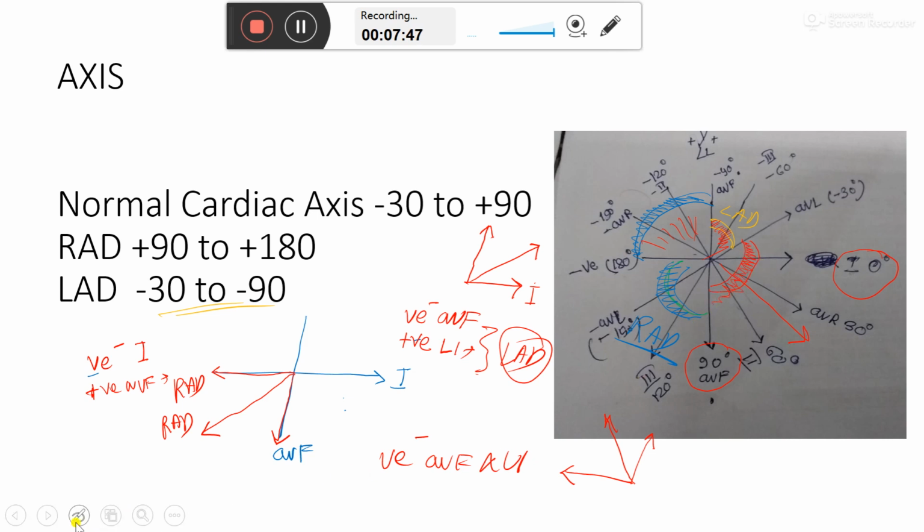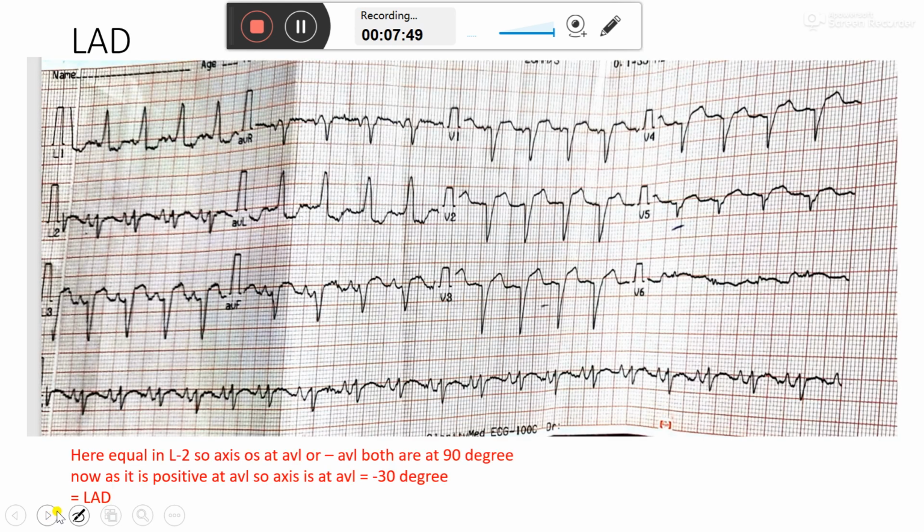Another thing we do is find where the isoelectric line is, meaning where R is more or less equal to S. We will find the lead perpendicular to that, because where the isoelectric lead is, the axis will be perpendicular to it.